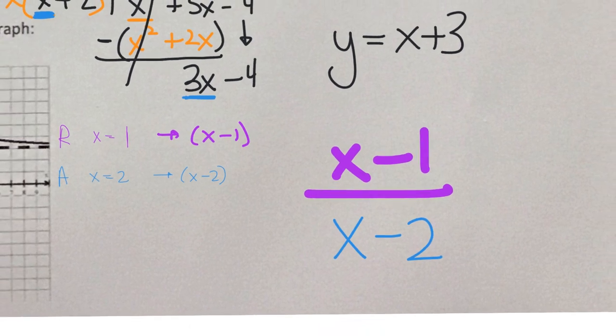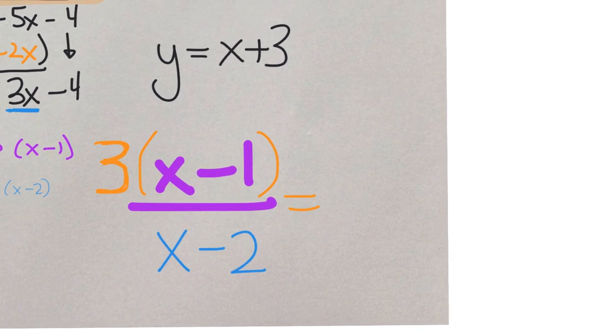But I need to have a 3 in there somewhere. So I'm going to parenthesize this whole entire thing and put a 3. You don't want to just put a 3 in front of the x. You need to put it in parentheses, which would give me a final equation of 3x minus 3 divided by x minus 2.